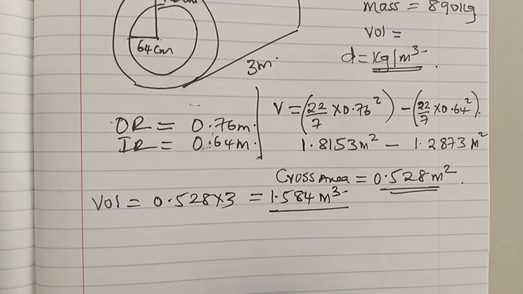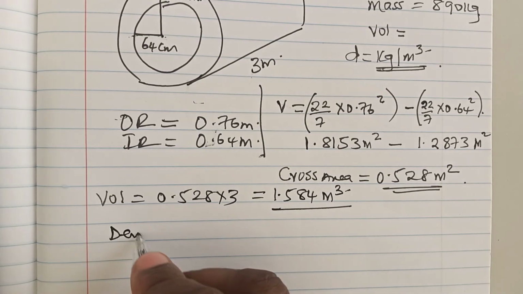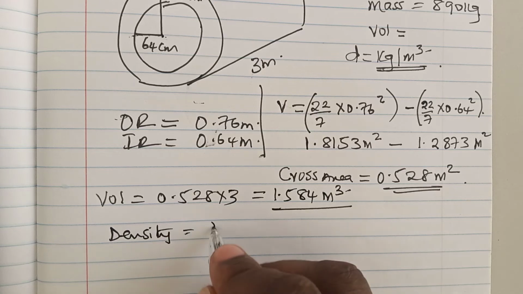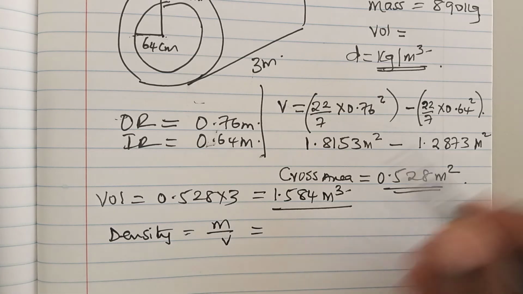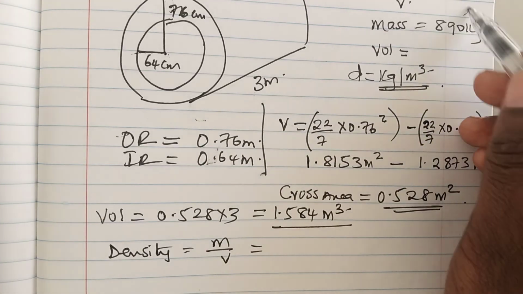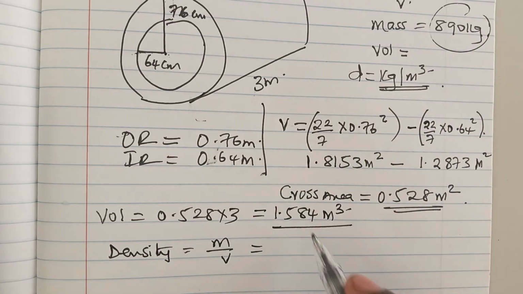Now, we all know that the density is given by mass over volume. The mass is already given here. It's 890 kgs, and the volume we have obtained.